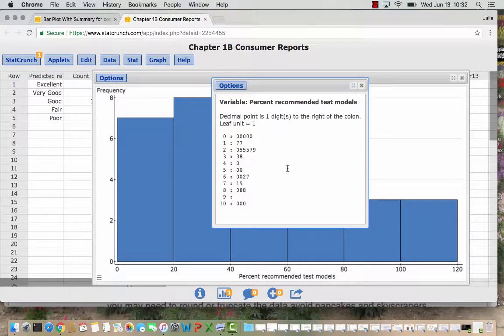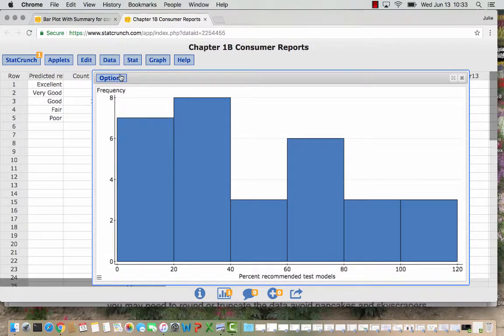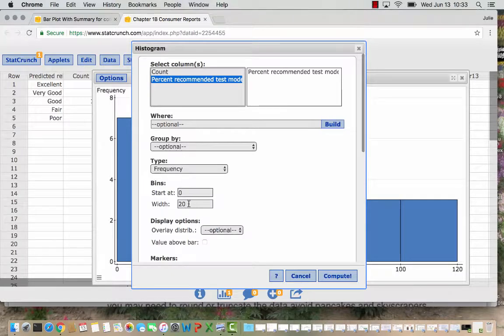So when we make a stem plot, our value on the left is 1 place higher than our leaf unit. If our leaf unit is 1s, then these are 10s over here. Here's 33 and 38.